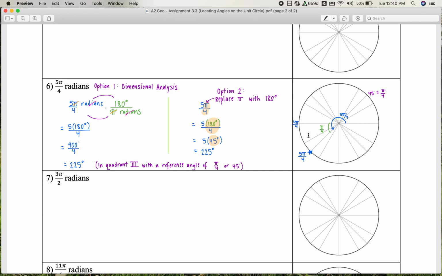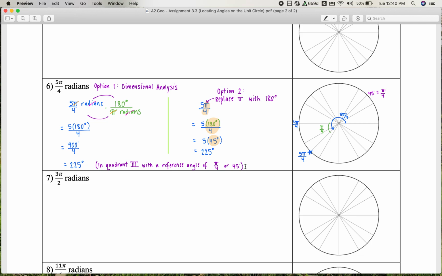Specifically, I have to go 1 pi over 4 bigger. So there's my reference angle. I'm starting at 4 pi over 4 and going 1 pi over 4 bigger, which lands me on 5 pi over 4. That's another way, without ever using degrees in the first place, to think about how 5 pi over 4 must be halfway through quadrant 3 as I rotate around the unit circle.